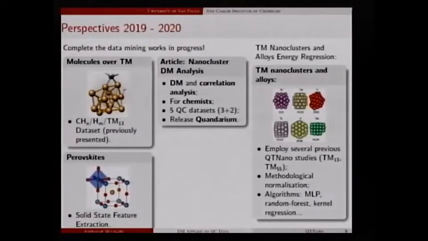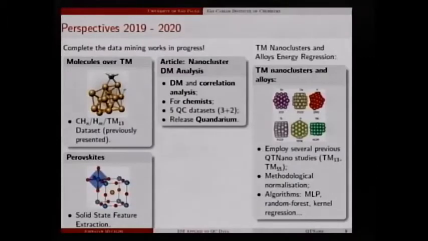I intend to publish an article just based on how to explore data from quantum chemistry from the point of view of data mining and correlation analysis, presented in a chemistry magazine, and also release the package that I work with for other persons to employ.